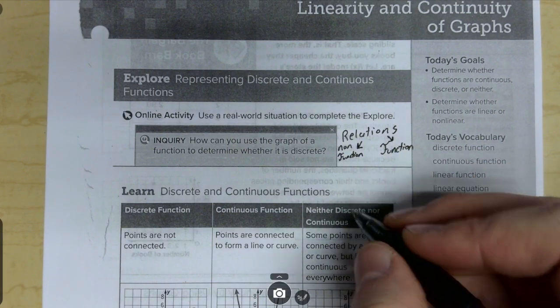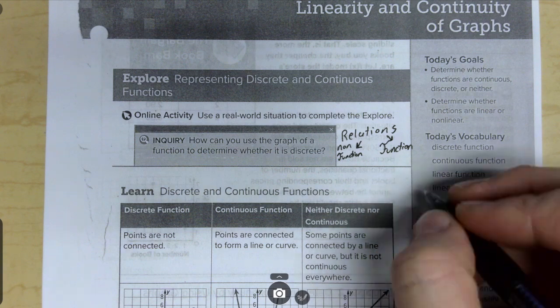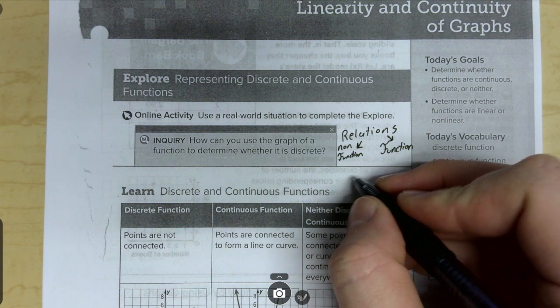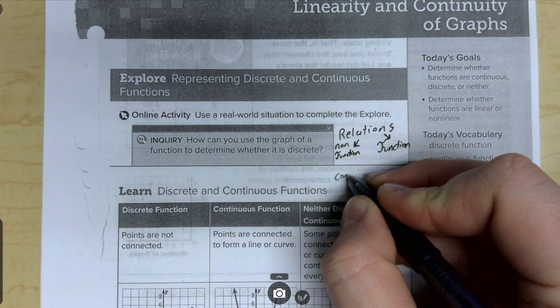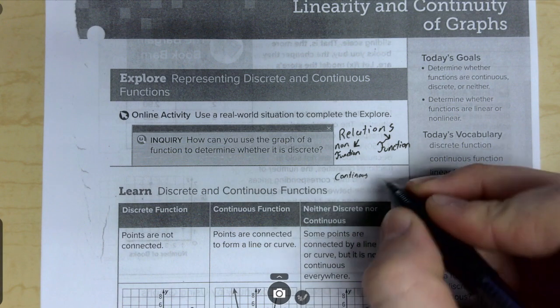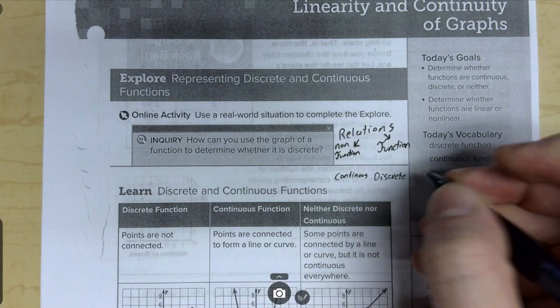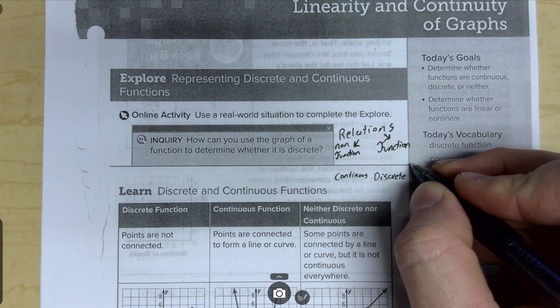From here, we have functions break into continuous, discrete, or neither.